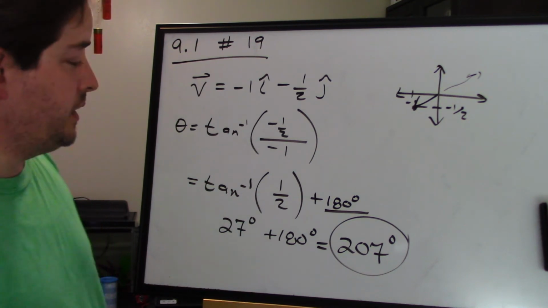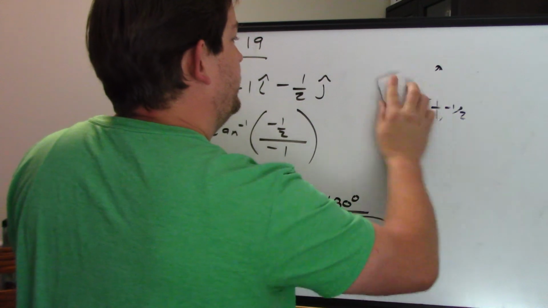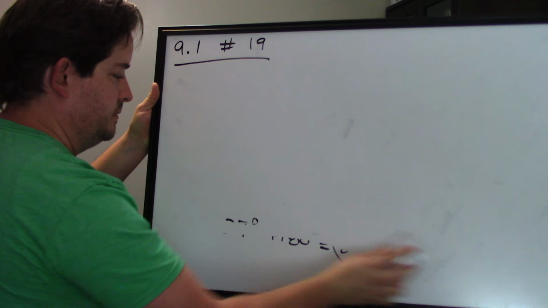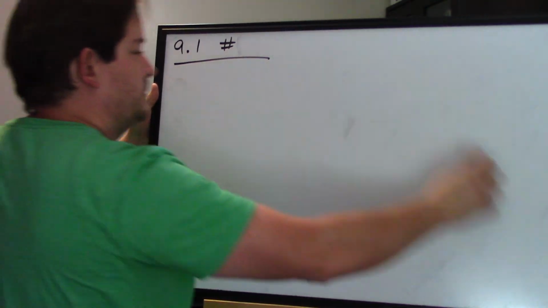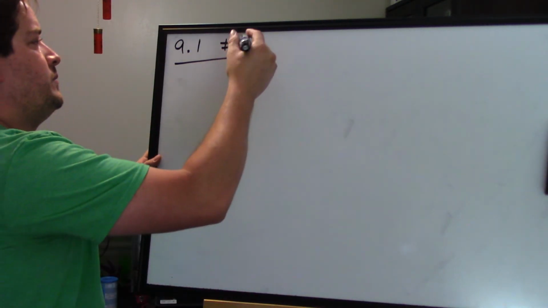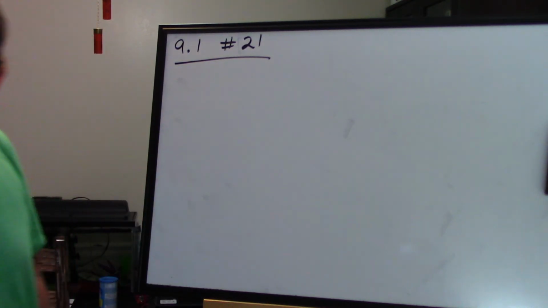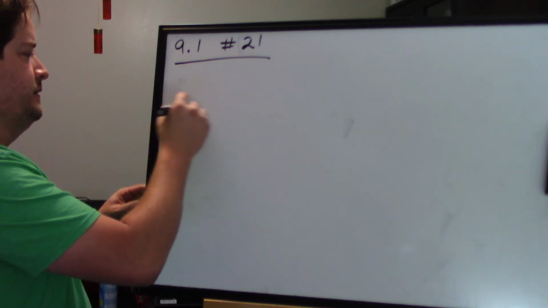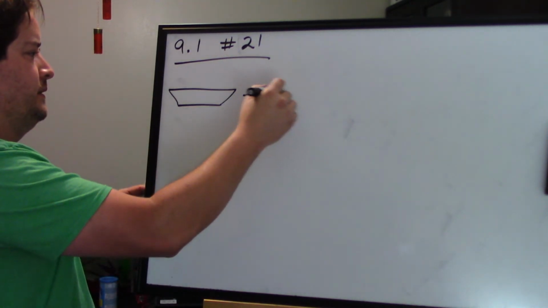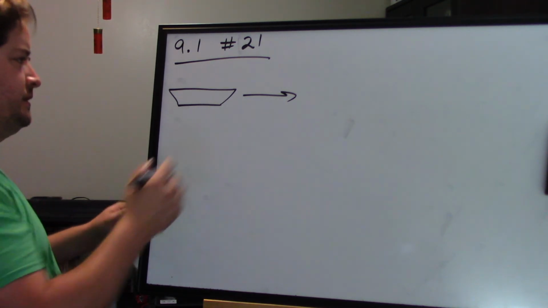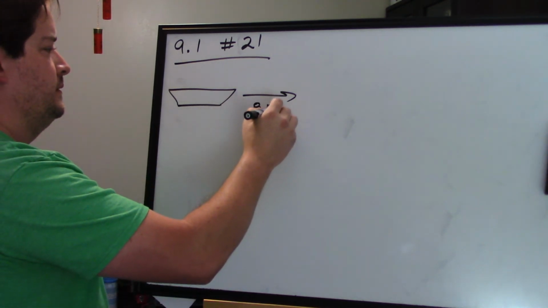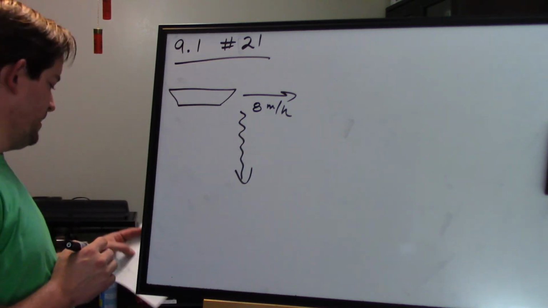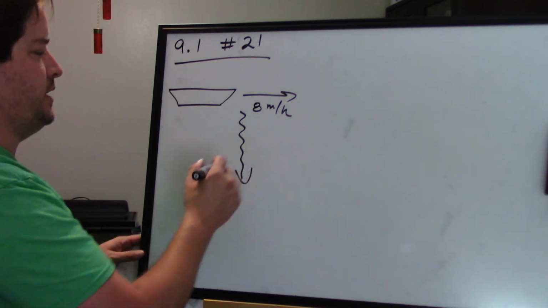Let's take a look at 21 though. 21 is, I think, the boat one. I have a boat going, I think it was 8 miles an hour across the river, and the river is going down at 4 miles per hour.